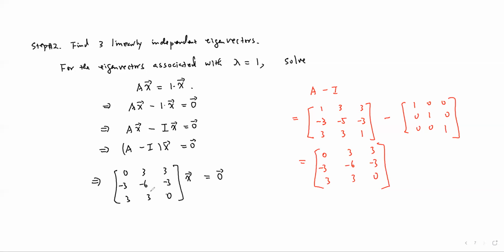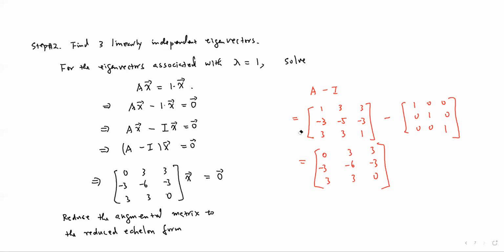This is a linear system. Now solve the linear system. How to solve it? To solve the linear system, reduce the augmented matrix to the reduced echelon form.